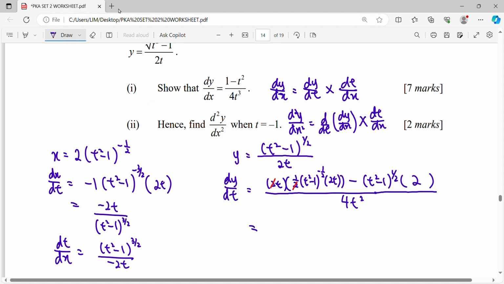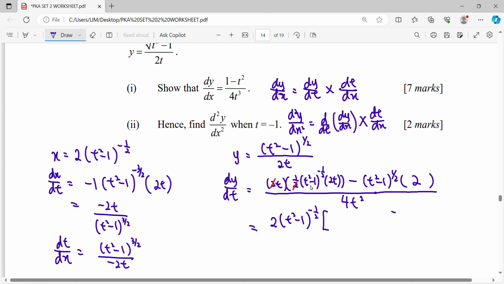So how to simplify more? We factorize out the same constant here. The same factor here, 2, yes, you can take out 2. What else? The factor of t squared minus 1, you can factor out negative 1 over 2.